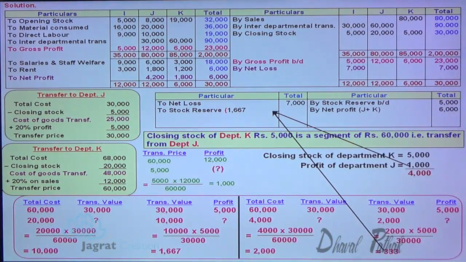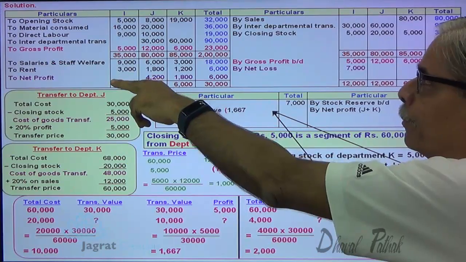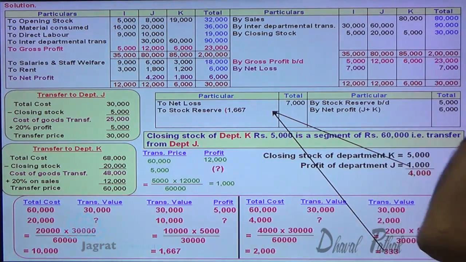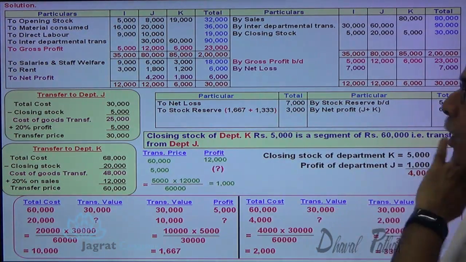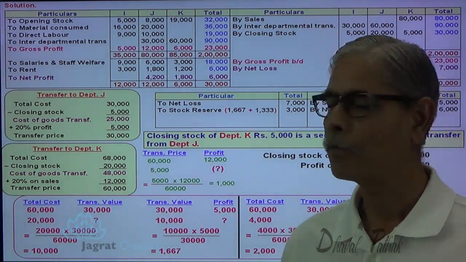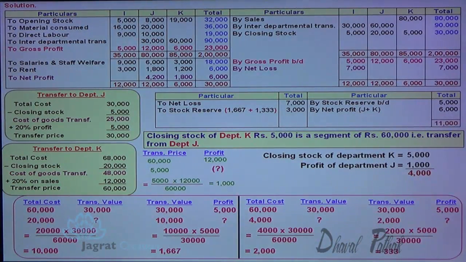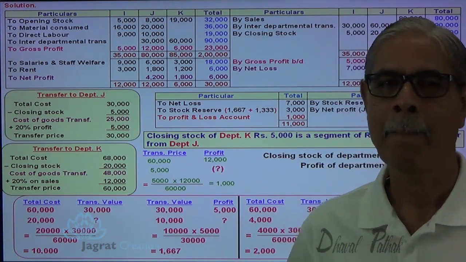The same procedure is repeated for the purpose of finding out the profit element of I in the closing stock of K. So this is the stock reserve created. Profit and loss account is debited to stock reserve account. Now you can find out the difference, 11,000 minus. So this is the profit transferred to profit and loss. This is the profit realized.